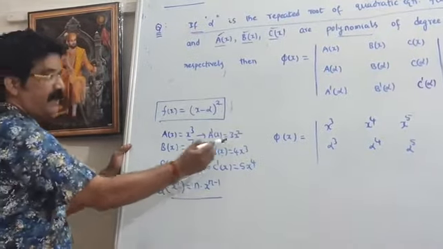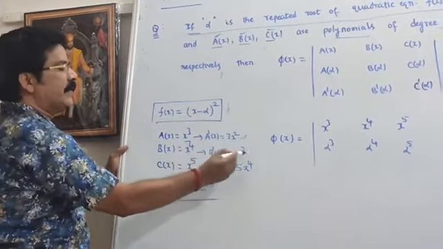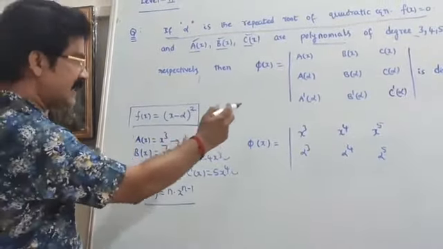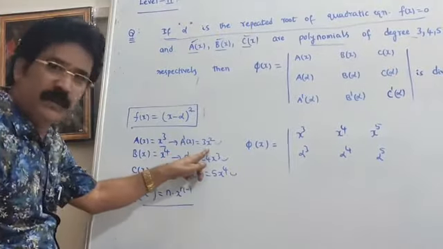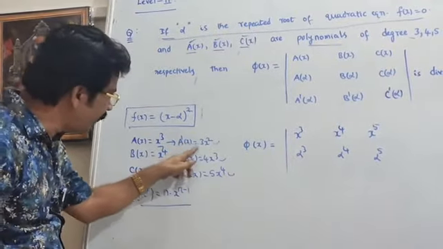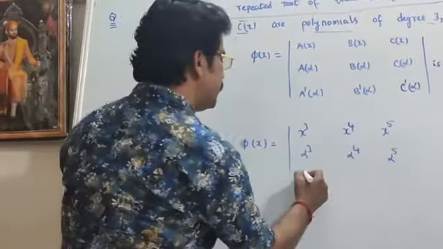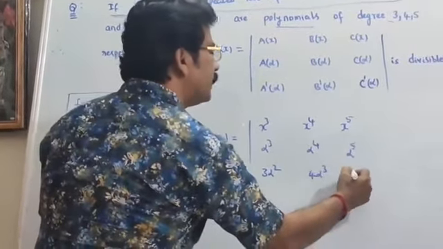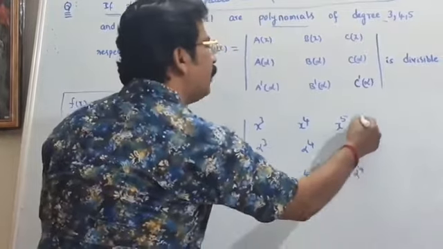It is a small formula from 11th standard. Using this formula, we wrote A dash of x, B dash of x, C dash of x. Let us substitute: A dash of x equal to 3x square, so A dash of alpha is equal to 3 alpha square. This is 3 alpha square, this is 4 alpha cubed, this is 5 alpha to the power of 4.